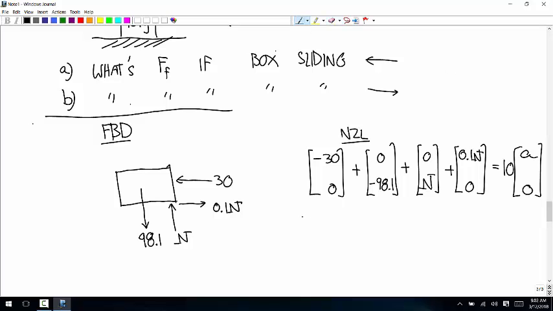Okay, so these will always go the same way. Use the y equation to find N, and then use the x equation to find the acceleration. So negative 30 plus 0.1 times 98.1.